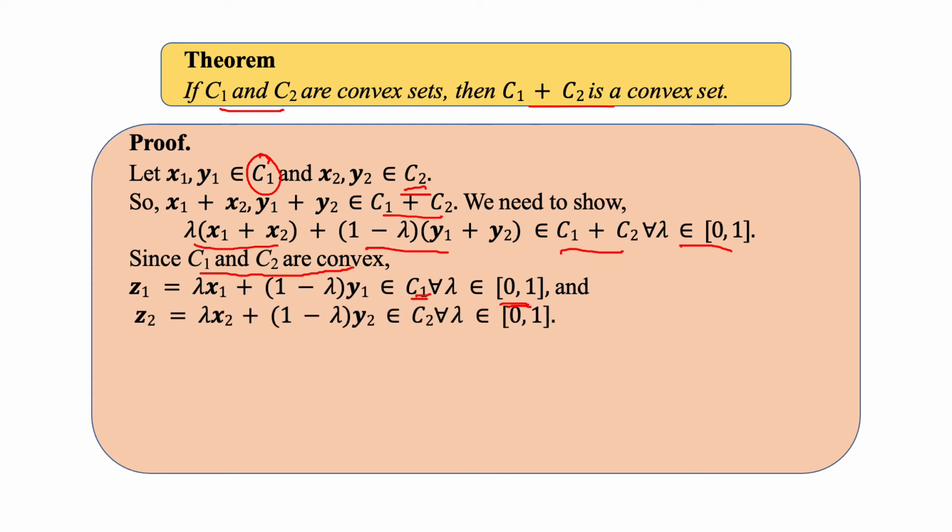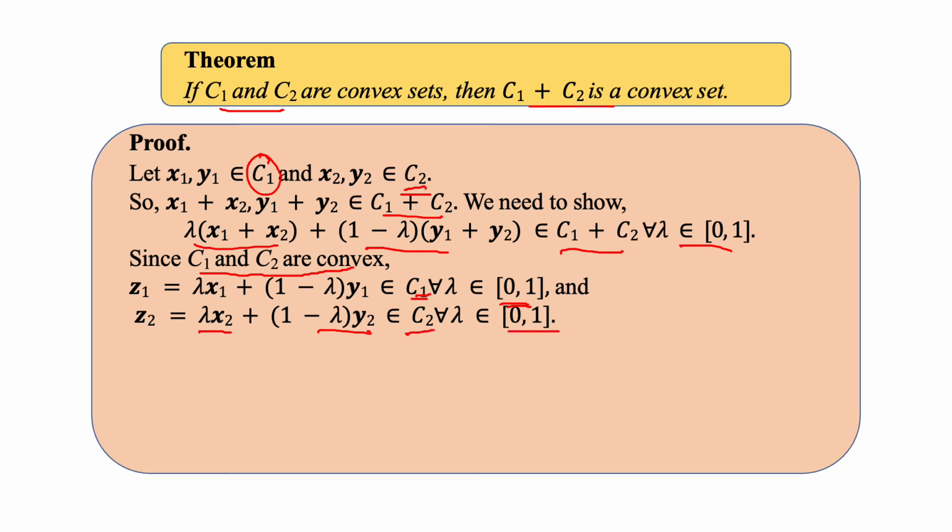Similarly, if I take two vectors x2 and y2 in set C2 and take a line segment joining x2 and y2, I can write z2 to be lambda x2 plus 1 minus lambda y2, which belongs to C2 for all the lambdas in the range 0 to 1.